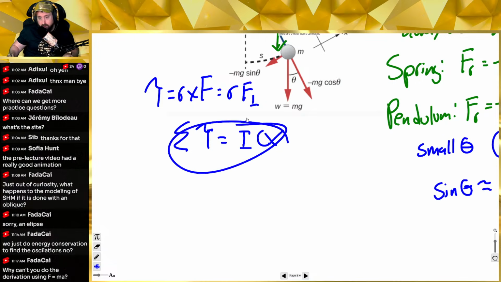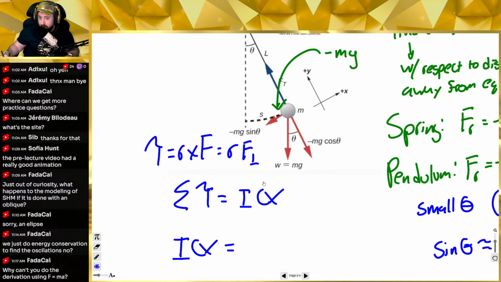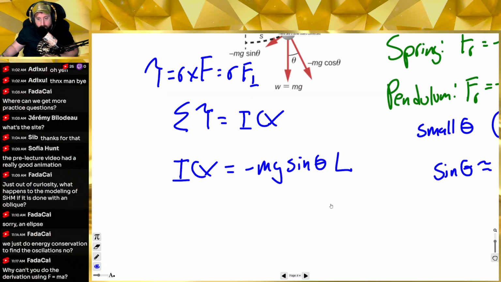So sum of torques is I alpha. That means that I alpha is going to equal my torque, and there is only one torque on this thing, right? It's negative mg sine theta times L. Okay? Right?